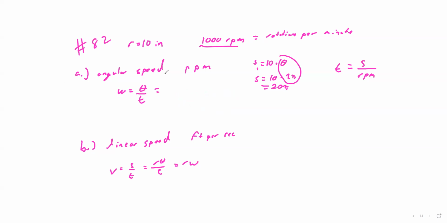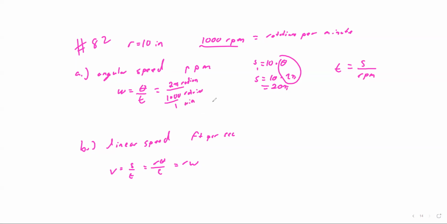So our theta is 2 pi, this is radians, and this is going to be 1,000 rotations per minute, per 1 minute. So we'll put this over 1 minute.